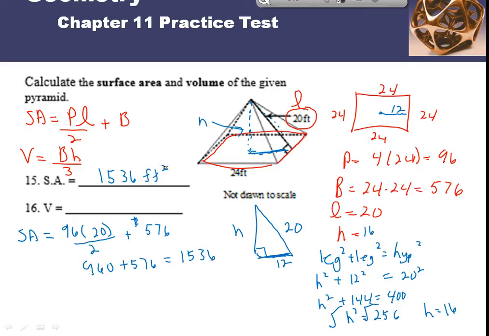Okay, now volume is big B, which is 576, times the height, and the height, remember, is 16, divided by 2. And that's 4608.